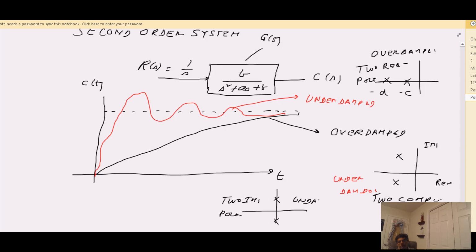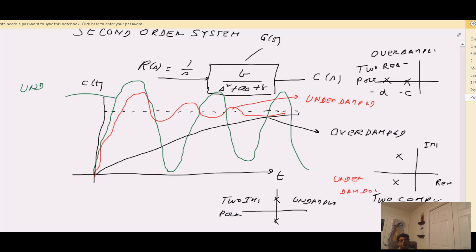Well, what is the meaning of undamped? Undamped means it is oscillating. So let's try to draw that in green. It goes like this, and it keeps on oscillating. So this system is called the undamped. It's kind of marginally stable, keeps on oscillating, never settles down and comes back here. So it is called the undamped system.